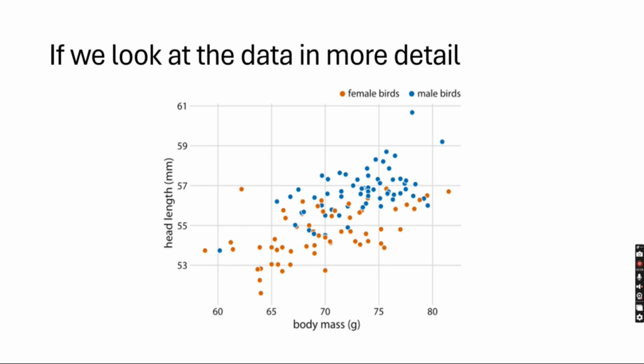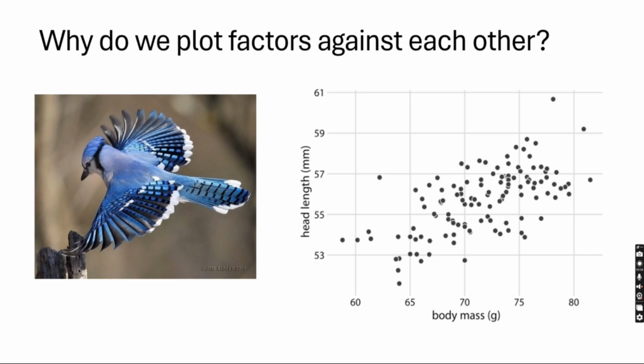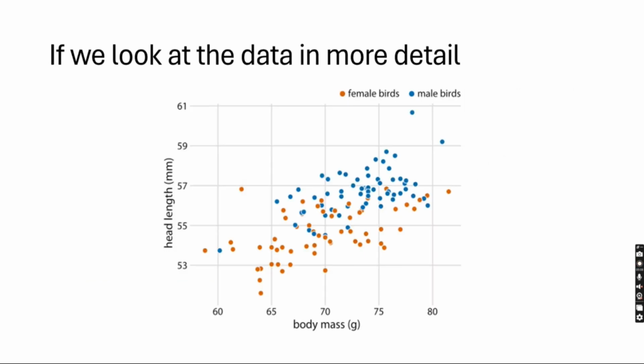Though the female birds had generally a broader spread of body mass. So they had a low body mass all the way up to a high body mass, but generally had a slightly lower head length than the male birds. So this is something we didn't see in this graph here, but by looking at more data points together, we could reveal this.